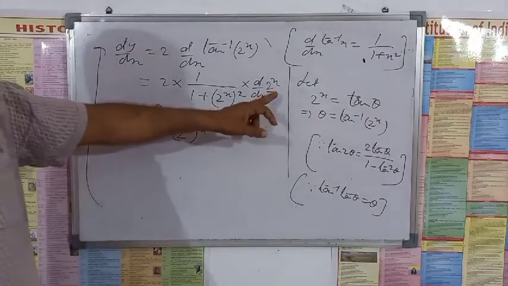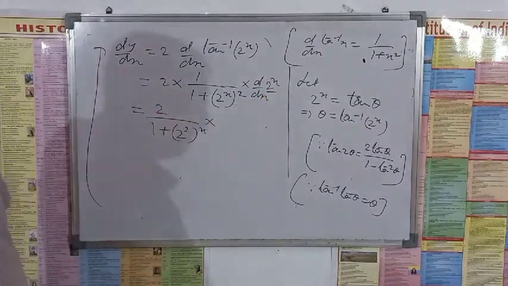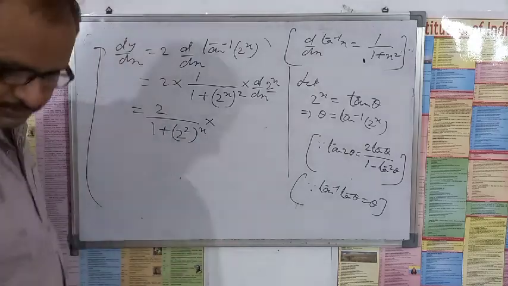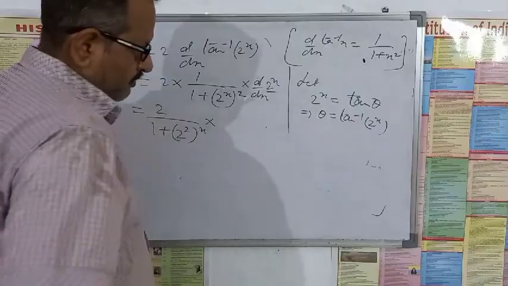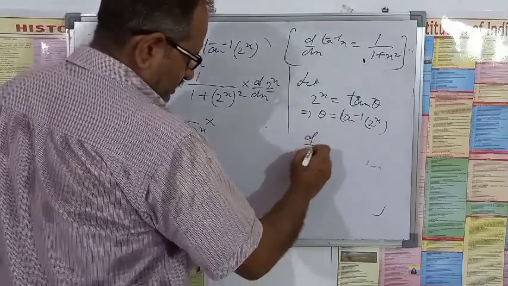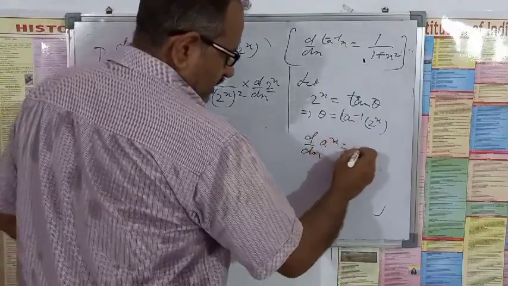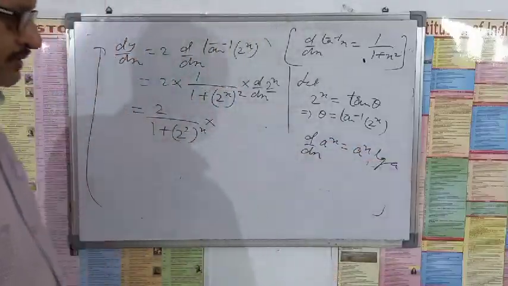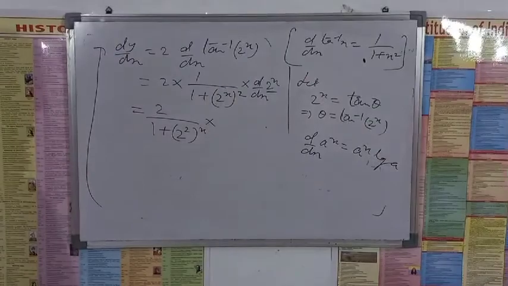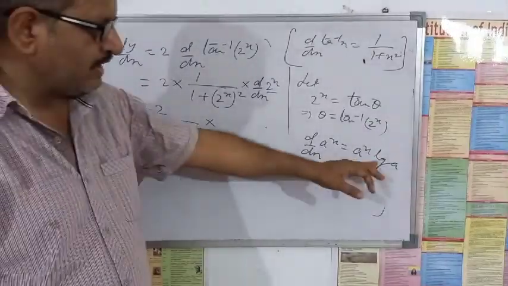We will apply here the formula for the derivative of a to the power x. What is the derivative of a to the power x? It is a to the power x log a.